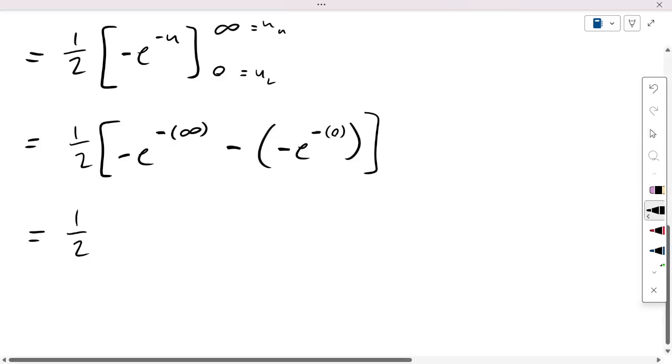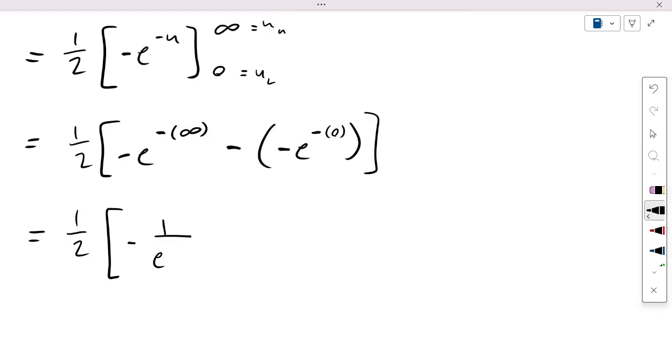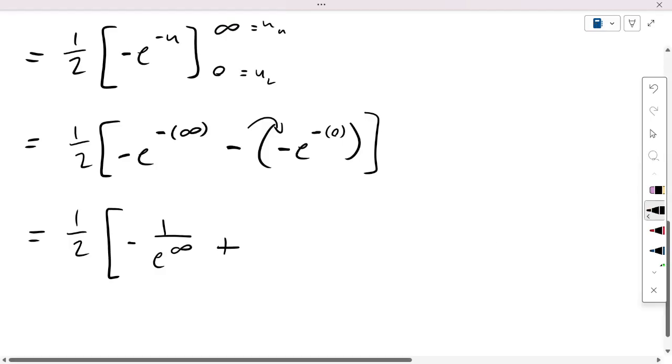It's going to be a half multiplied by, and we can actually write this as negative 1 divided by e to the power of positive infinity, because we go from negative to positive exponents, and then this is going to be plus, because the negative and a negative gives a positive, and this is going to be e to the power of negative 0, which can just literally be equal to 1 anyway, but let's just focus on this right now.